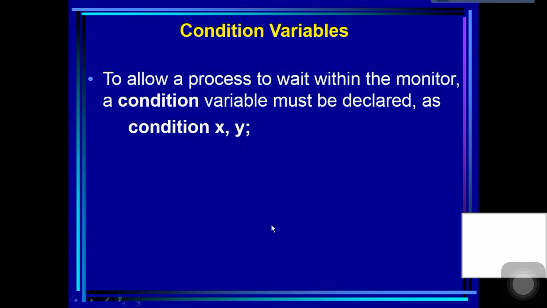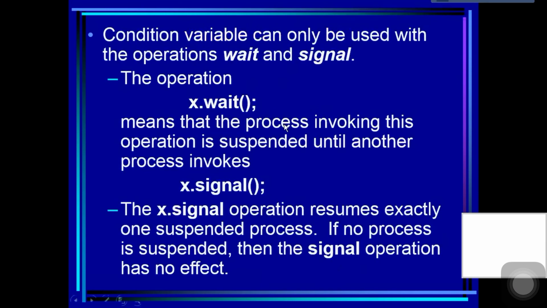The only operations that can be invoked on a condition variable are wait and signal. The operation x.wait means that the process invoking this operation is suspended until another process invokes x.signal. The x.signal operation resumes exactly one suspended process that waits on this condition. If no process is suspended, then the signal operation has no effect.